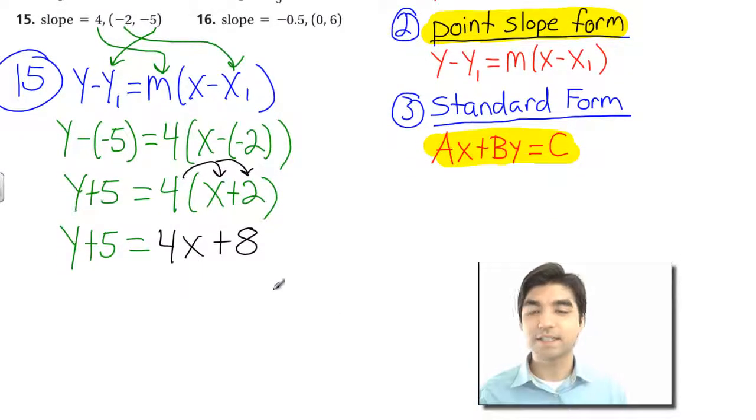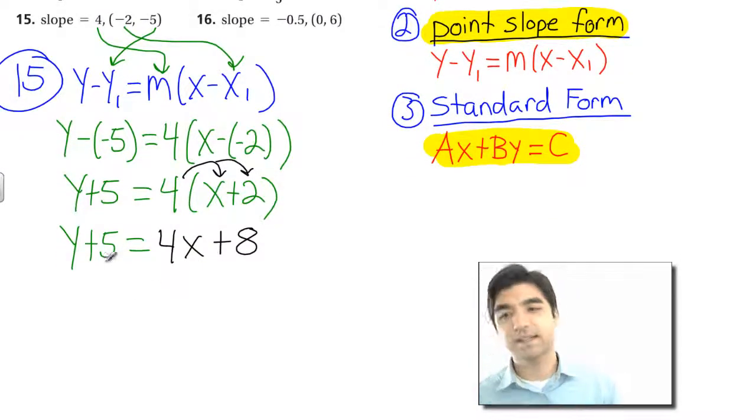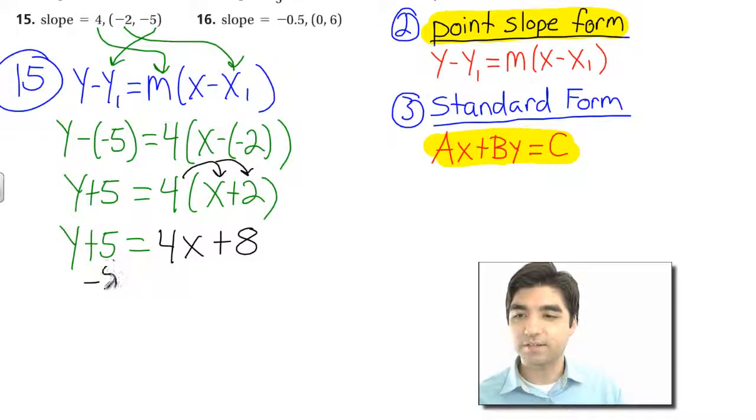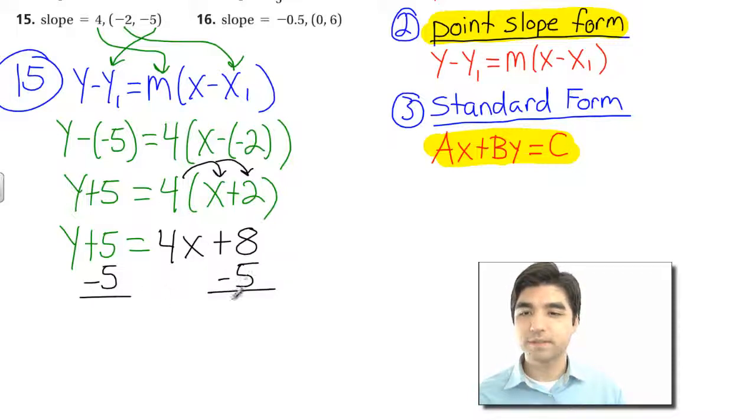Okay, so we're almost there. We need to get the x onto the left side and the 5 onto the right side. So to get rid of the 5, we subtract 5 from both sides. Okay, so then on the left hand side it crosses out and we just have y. And then on the right hand side we have 4x, 8 minus 5 equals 3.